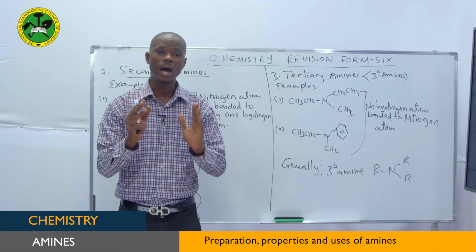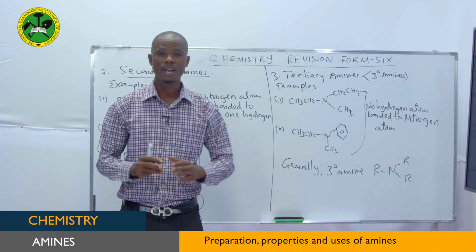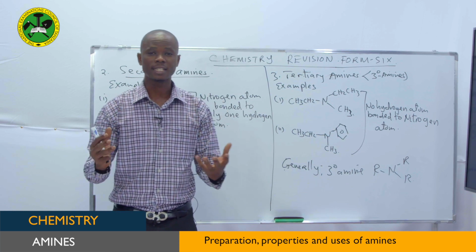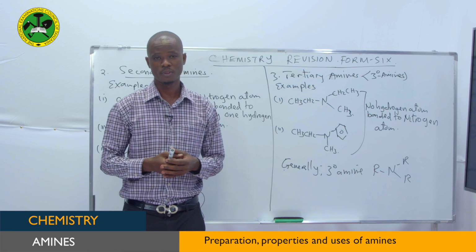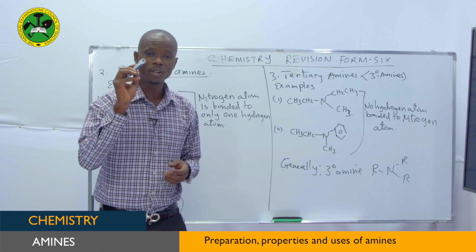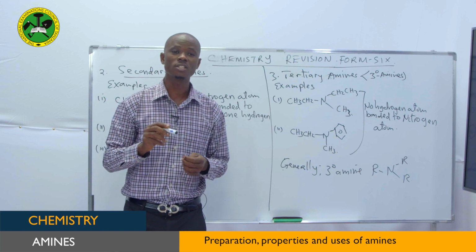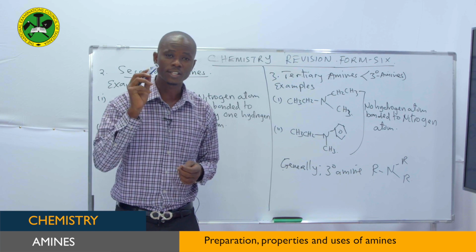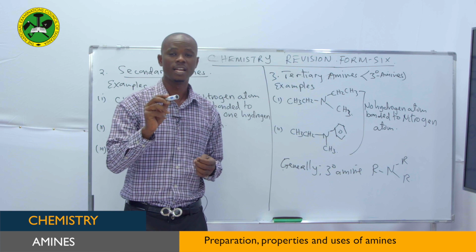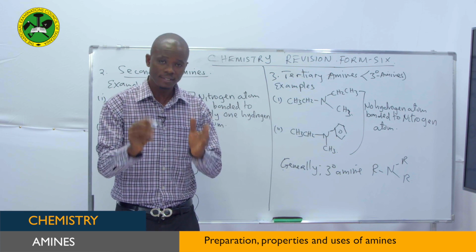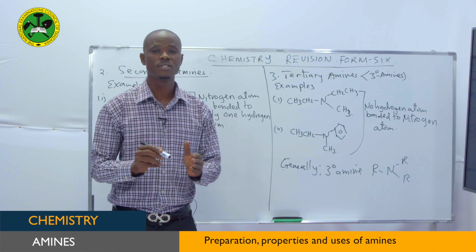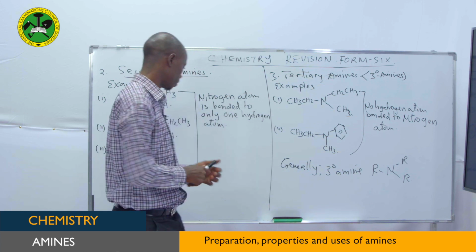Amines always react by donating electrons, because the lone pair of electrons present on the nitrogen atom explains how reactive amines are. So let us see the reactivity of amines during organic reactions.